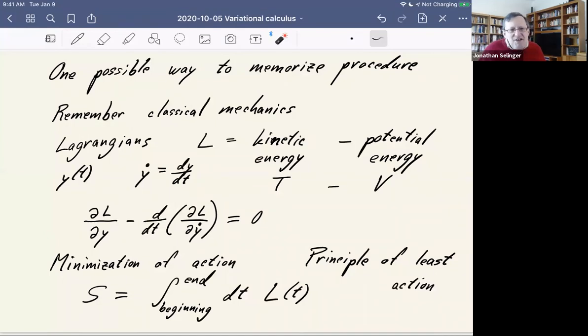You can memorize that if you want to. I don't love it because it just looks weird to me to think of these as separate derivatives when really they both come from the same variational procedure. They really come from the same idea of putting in a little variation of y of x and seeing how that changes the output that you care about.